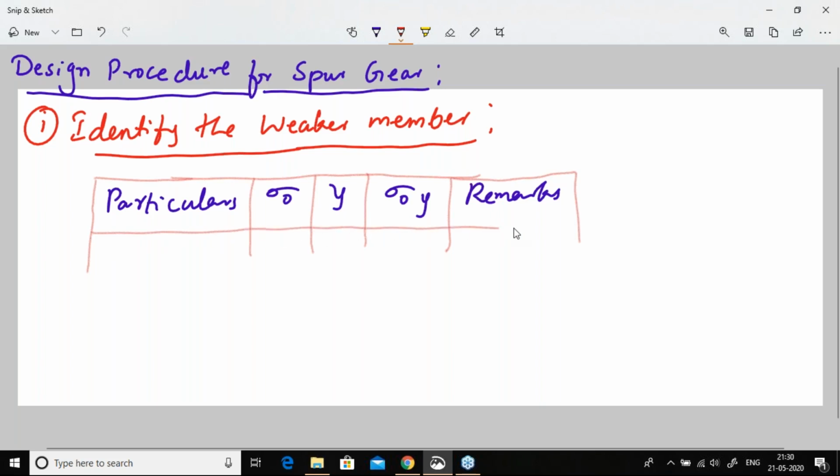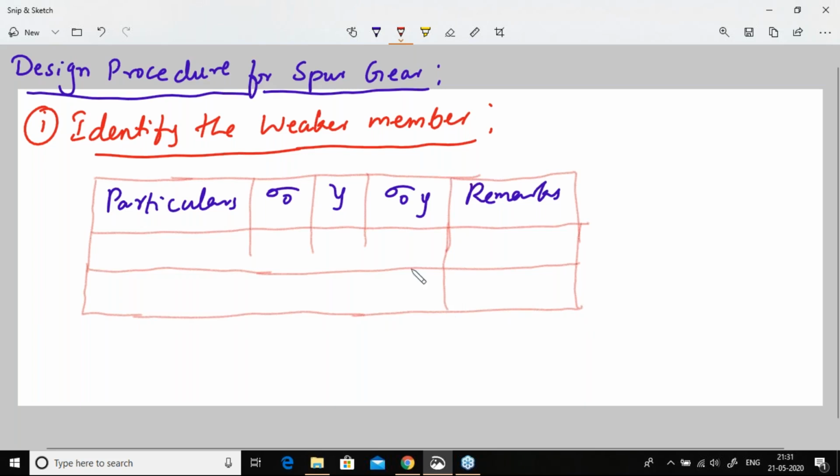This is the first row. Along with this, we have to draw another two rows, one for the pinion and another one for the gear. So this row is for pinion and this row is for gear.